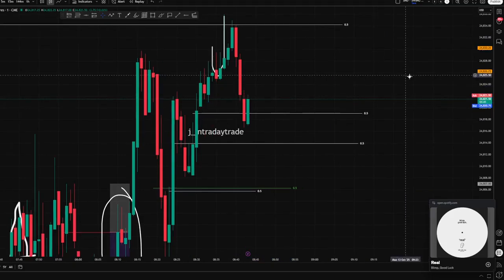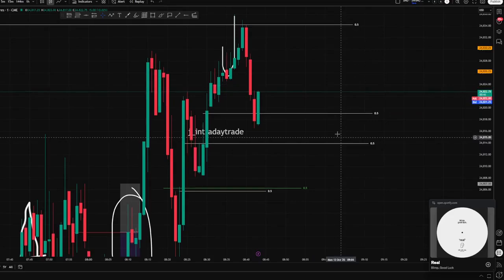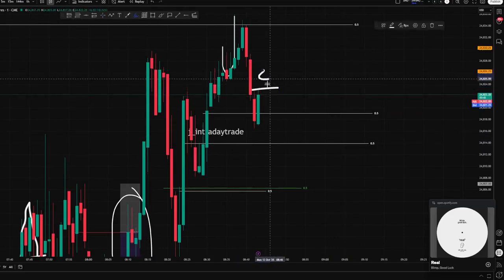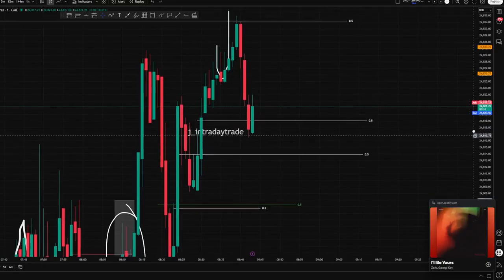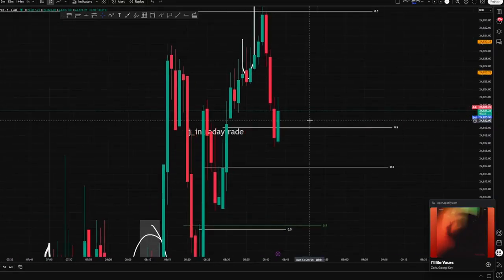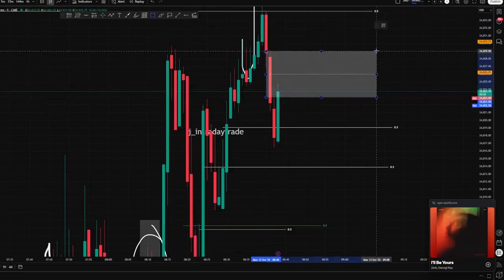I can actually get rid of that now because it was used for that. And this might be running into this high to create that 2 to run lower. So I might actually be looking for a short in here as a very aggressive one.